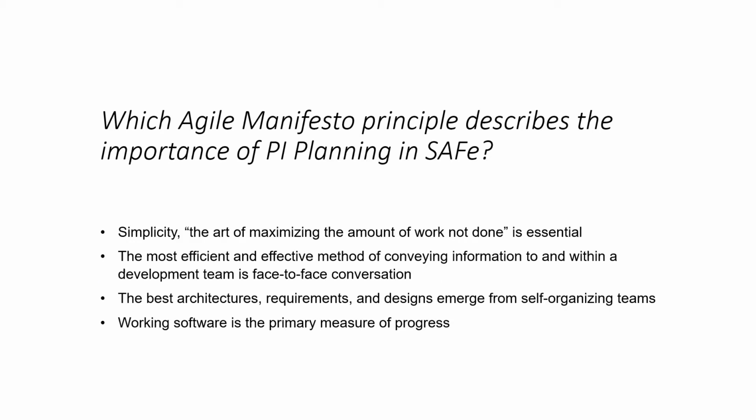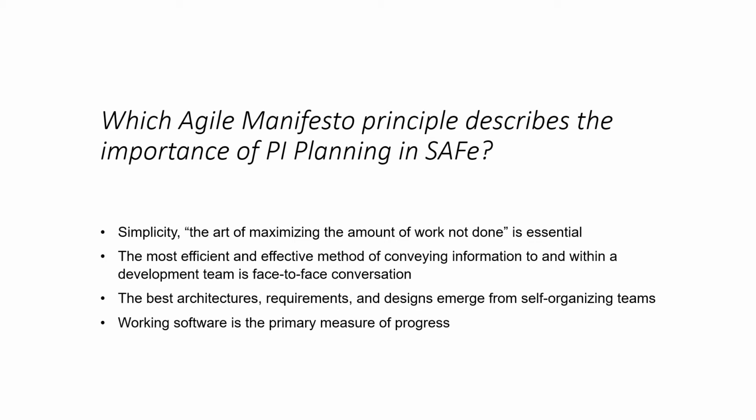Let's move on. Next one, which Agile Manifesto principle describes the importance of PI planning in SAFe? Okay, so you might have gone through the Agile Manifesto principles and looking at the options here, let's see which is the correct one. Let's take a pause so that you can try to give the right answer.